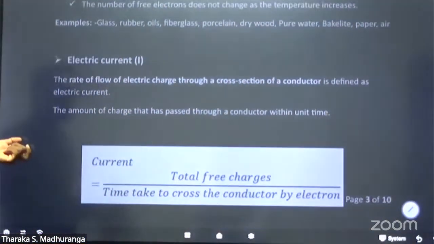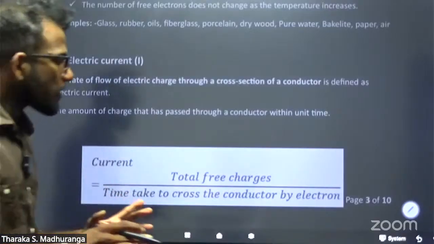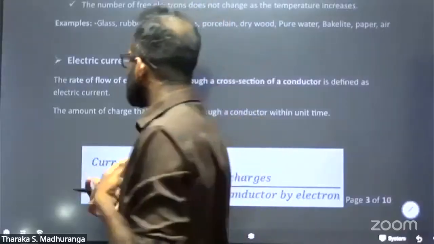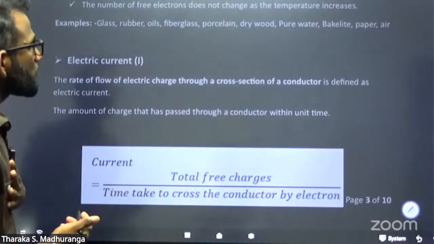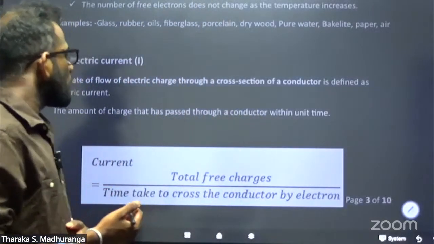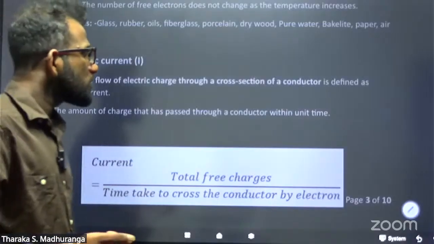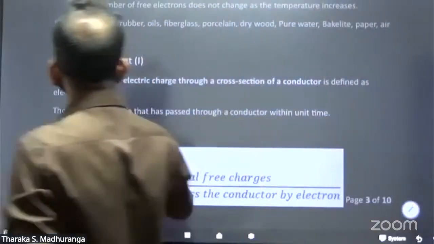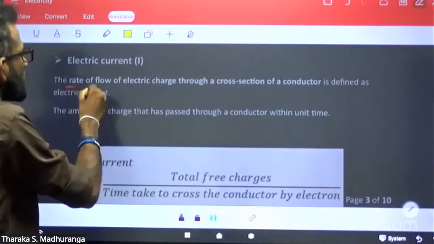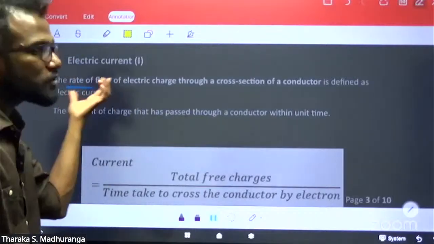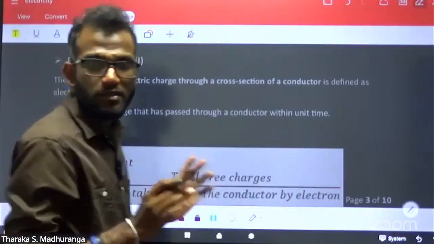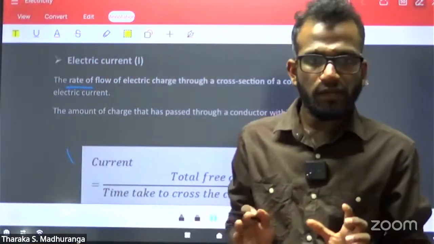Okay, electric current. It has a definition: the rate of flow of electric charge through a cross section of a conductor. The rate of flow of electric charge, that we call electric current.